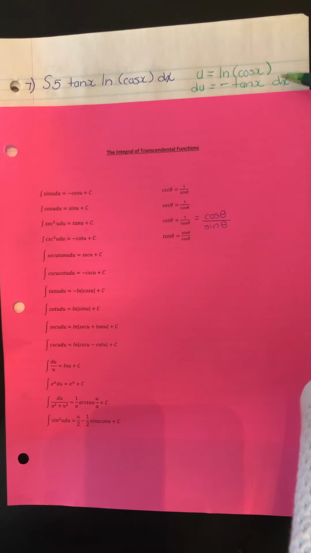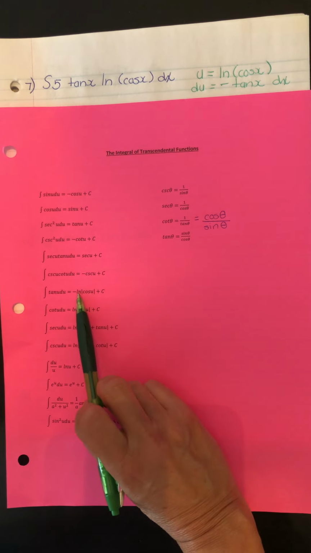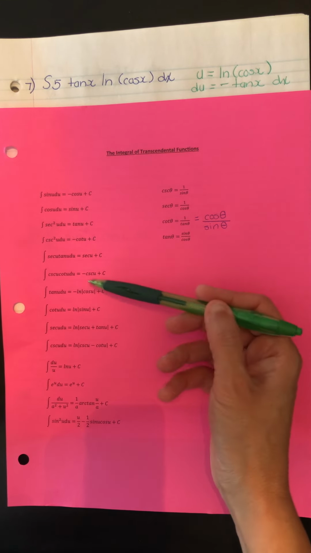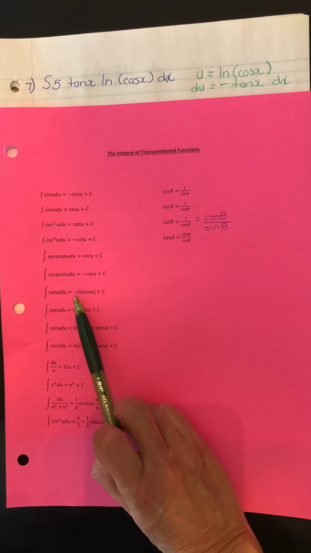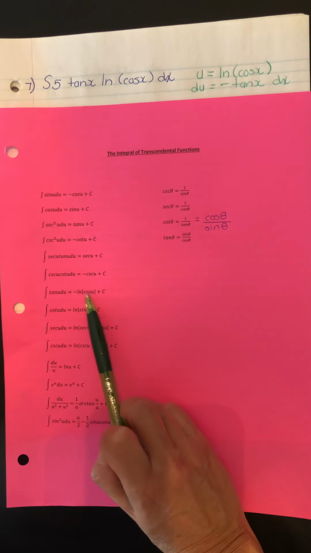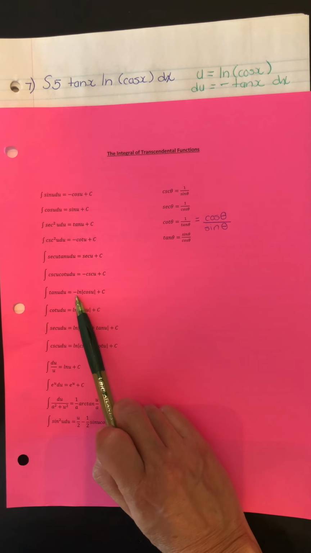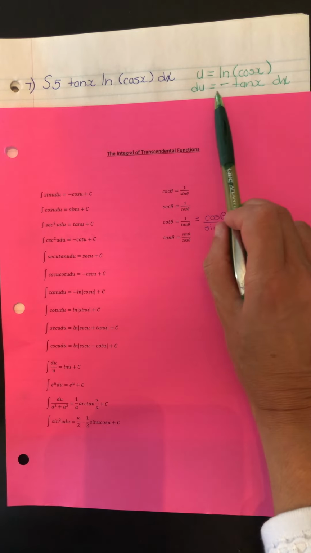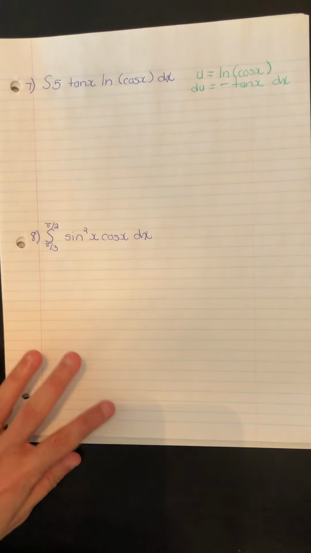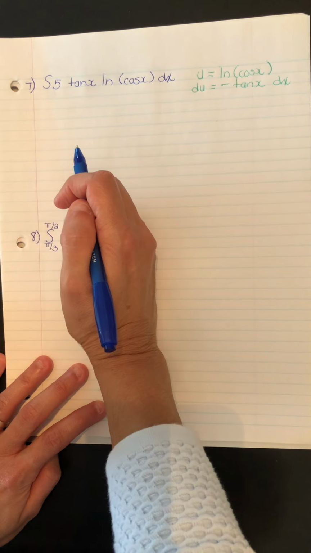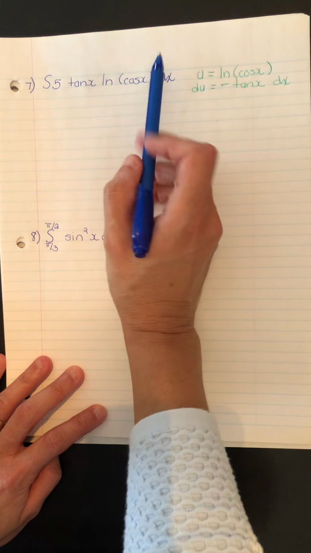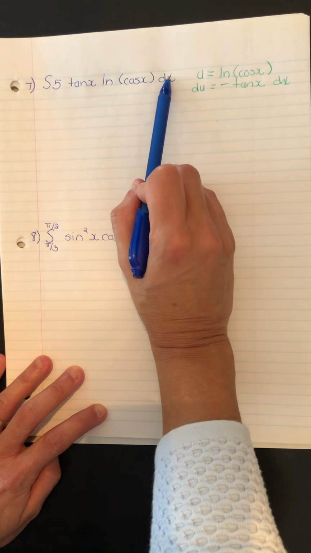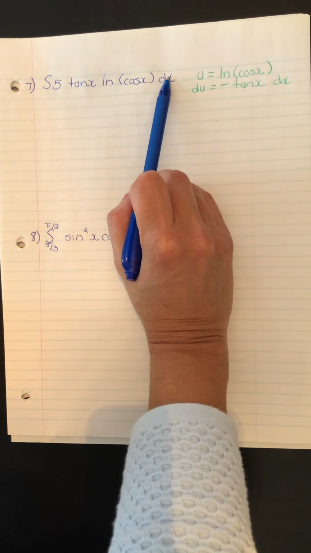So identify u, take its derivative. Again, this isn't a derivative table, but it might as well be because the derivatives can be read right to left. So the derivative of negative ln of the cosine u is tangent u, which means the derivative of the positive ln of the cosine of u is negative tangent. Now this whole thing is u, and this 5 tan x dx is negative 5 times du.